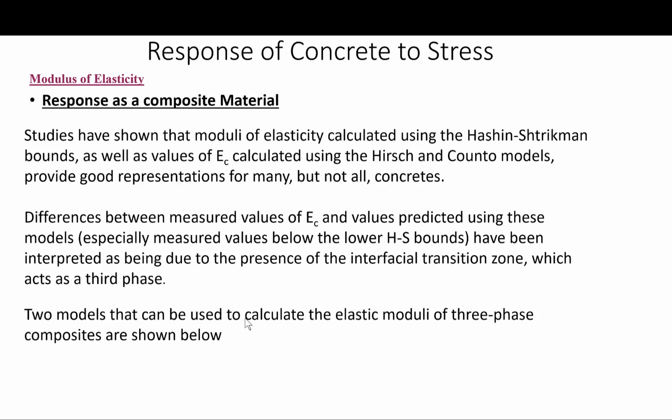The differences between the measured values of the modulus of elasticity of concrete and the values predicted using these models, especially the ones measured below the lower Hashin-Shtrikman bounds, have been interpreted as being due to the presence of the interfacial transition zone, which, as I said before, acts as a third phase.